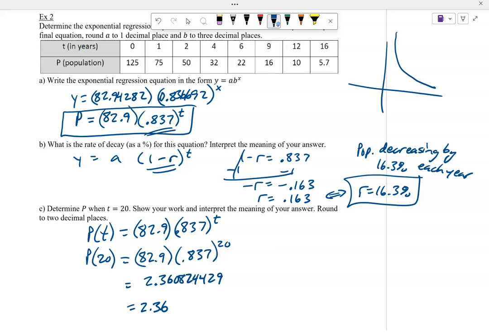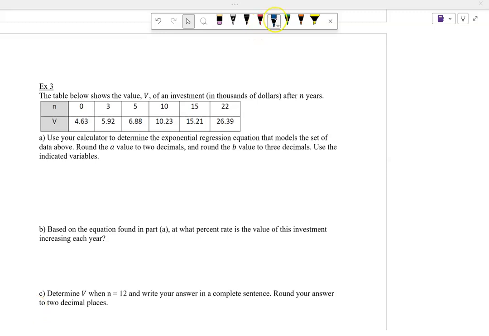we'll assume this is in millions or whatever. This would be a great U-try problem. So if you want to, pause the video and enter that data in as your x1 and y1: 0, 3, 5, 10, 15, 22, and so on, right? 4.63, and so on. And then model it.